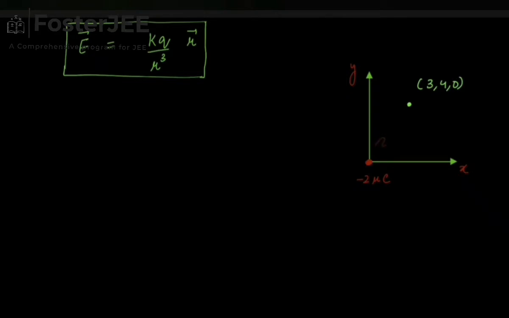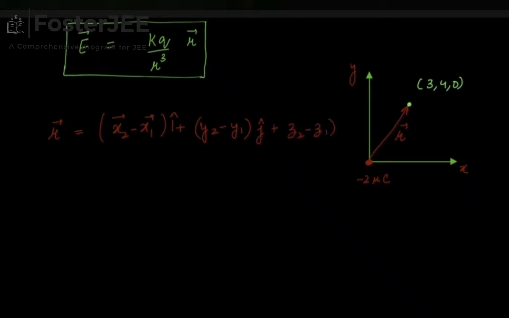Now, if we join this point and the charge, this will be the radius vector. And what is the value of radius vector? It is x2 minus x1 i cap plus y2 minus y1 j cap plus z2 minus z1 k cap.